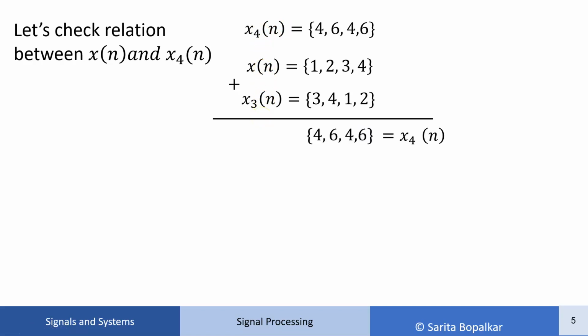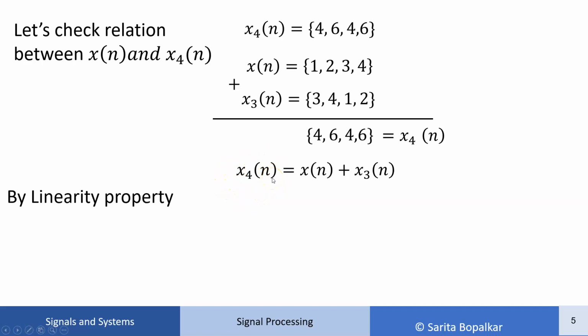So here we can use the linearity property. What is the linearity property? If in the time domain two sequences get added, and we know the DFT of each, then the DFT of X4 of n is also the addition of the individual DFTs, that is the DFT of X of n and the DFT of X3 of n.